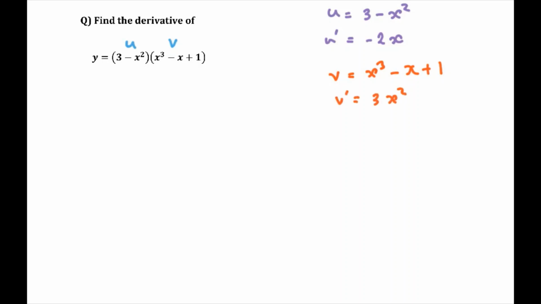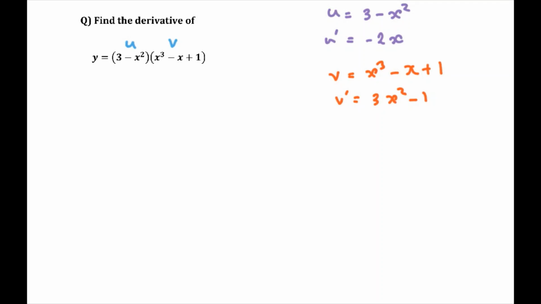Now, in this question, they want us to find the first derivative, and there are two functions that have been multiplied. So we are going to apply the product rule, in which I will call this u and this v. If u equals 3 minus x squared, then u prime equals negative 2x, and v is x cubed minus x plus 1, so v prime will be equal to 3x squared minus 1.